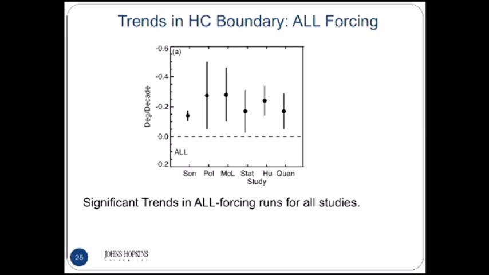And so they're not perfectly comparable, but they all show trends of around 0.2 degrees per decade with quite a bit of uncertainty, but none of this uncertainty crosses the zero line. So you'd argue they all say there's a statistically significant trend when they have all the forcings. So they agree with that.